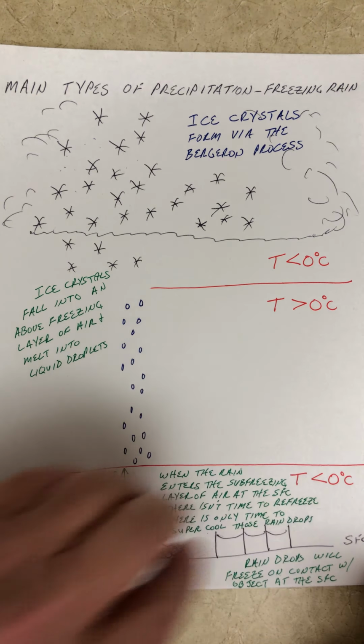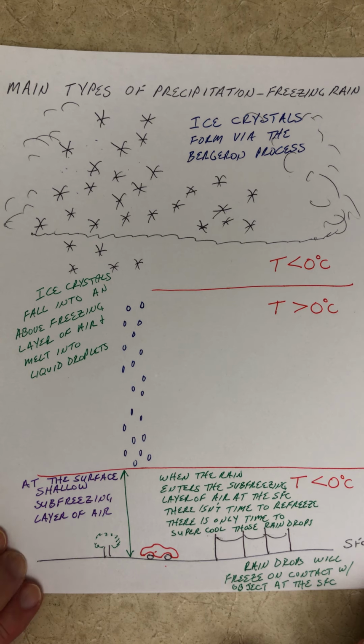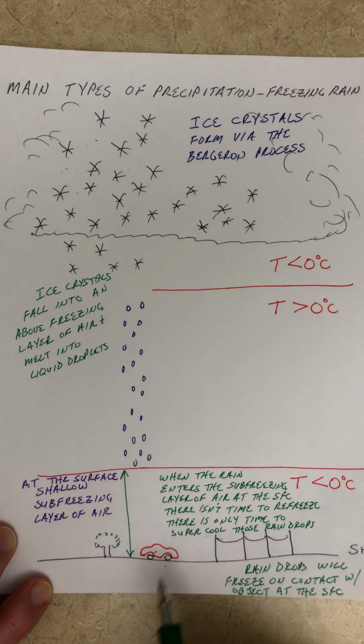So all of these objects at the surface are going to get coated with ice because the raindrops, which are now super cooled, are going to freeze on contact.